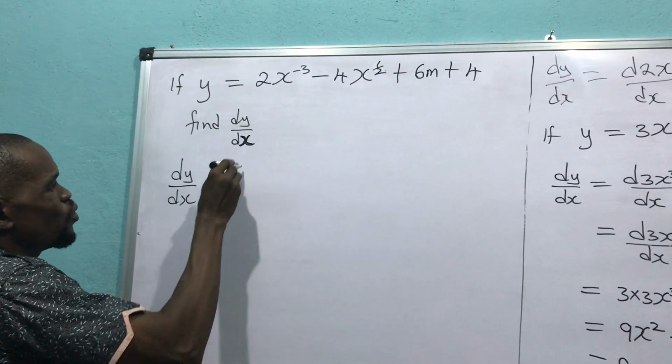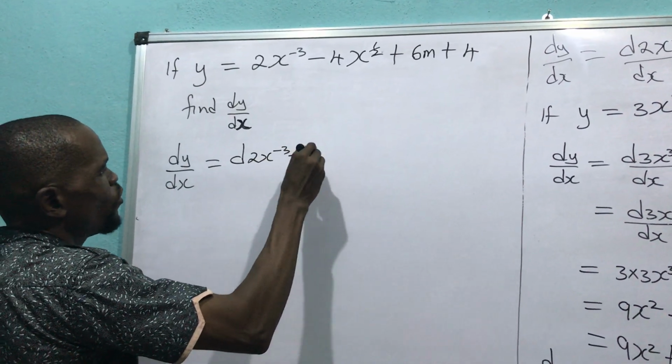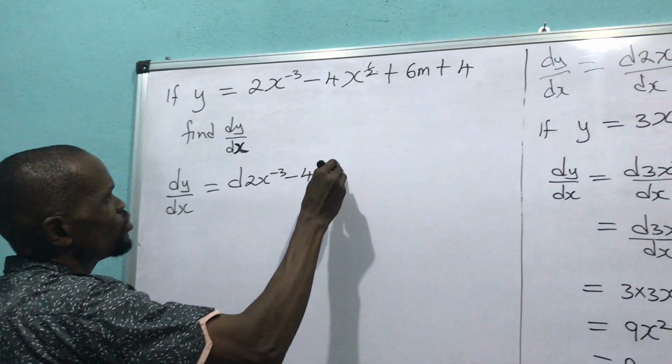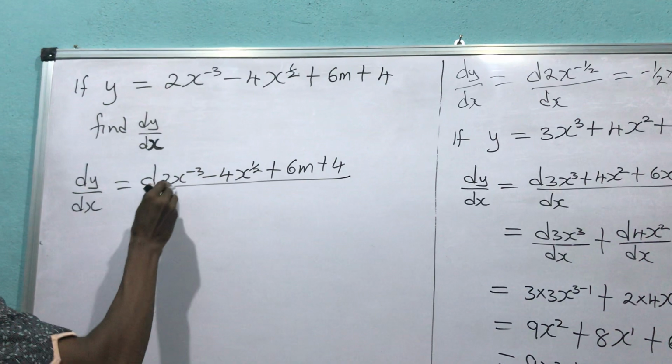Then looking at it, I will now say that dy/dx is equal to d(2x raised to power minus 3 minus 4x raised to power 1 over 2 plus 6m plus 4) all over dx.